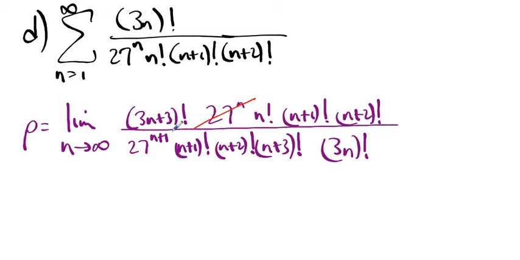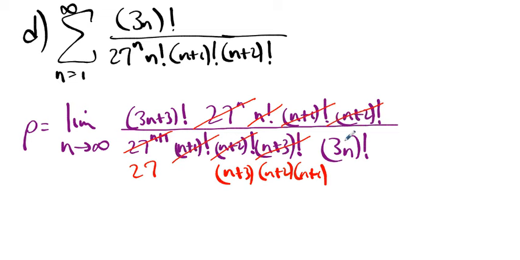So now what happens? Well, I'm pretty sure that this and that leave us with 27. I'm pretty sure that these just cancel outright. I'm pretty sure that this n factorial and this n plus 3 factorial are going to leave us with this. And I'm pretty sure that this is going to cancel out with that and leave us thusly. So let's see if we can figure out what's happened.